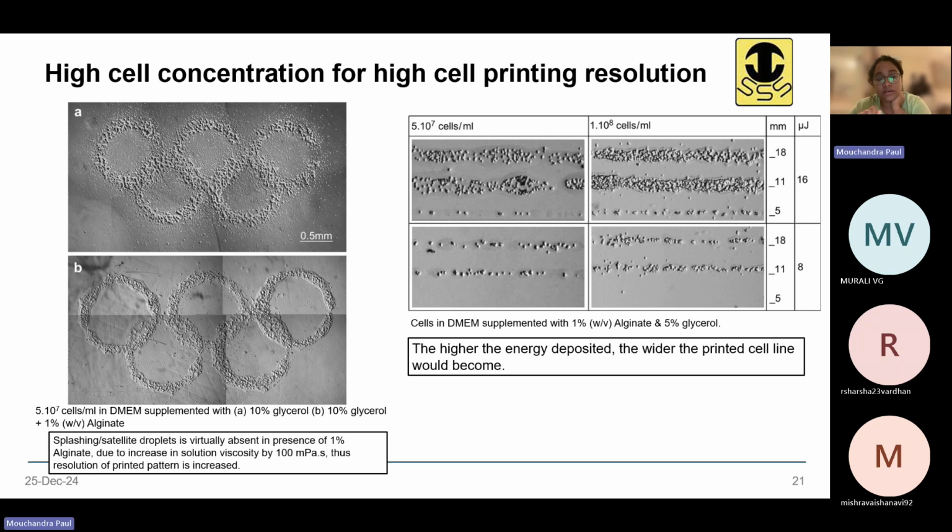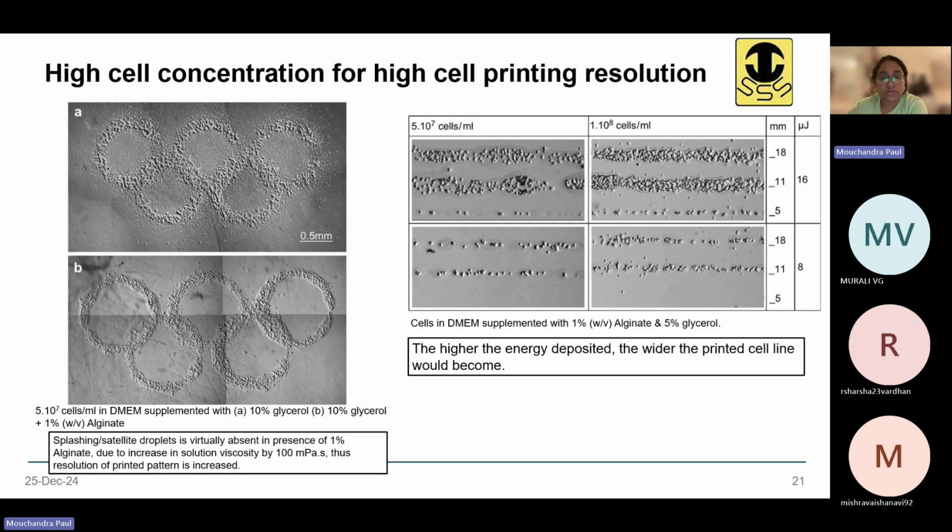Aperture means the numerical aperture, the pinhole size through which the laser is going to pass and fall on the ribbon. That they have varied, and also they have varied the laser energy. So there are three conditions that they are varying.